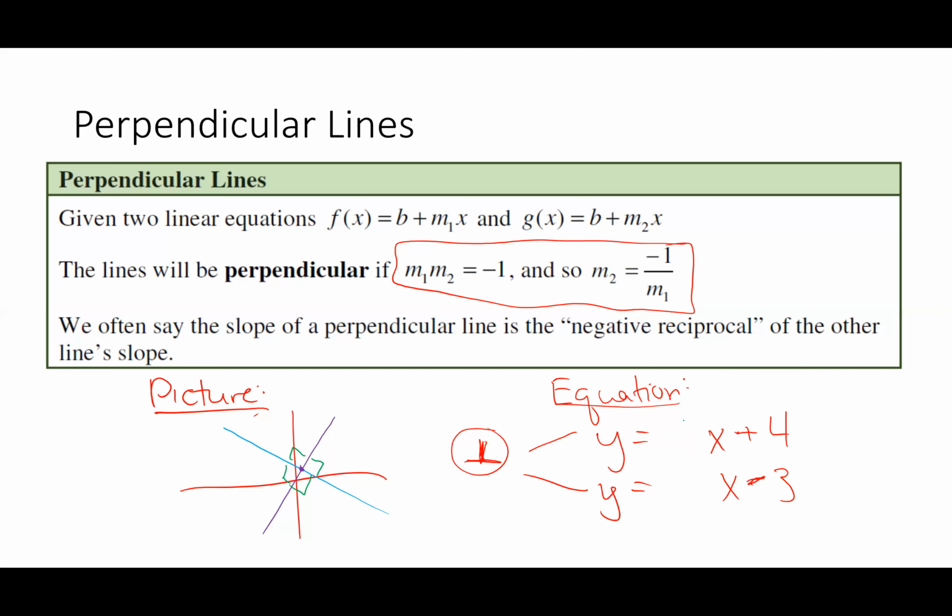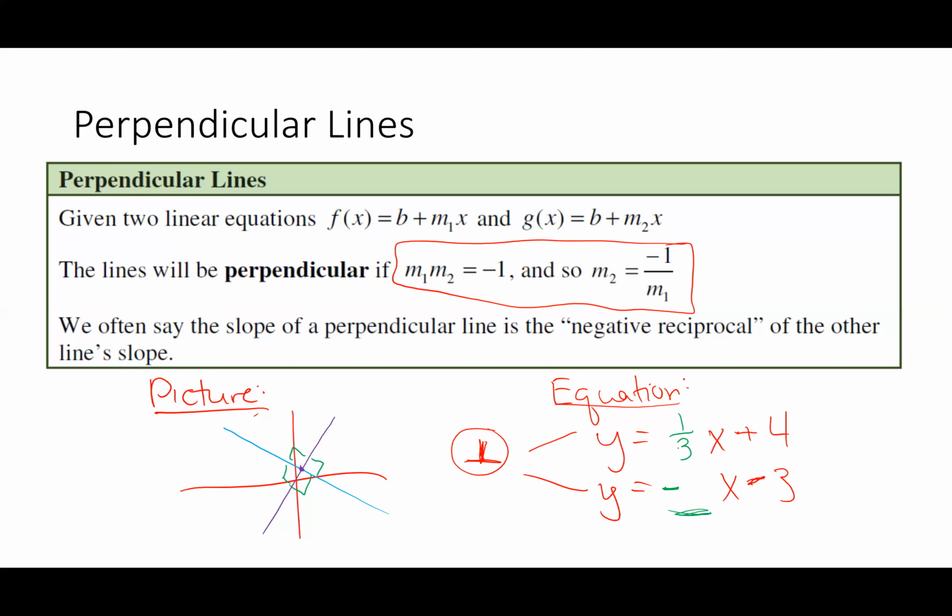suppose I chose 1/3 for this slope. I don't have a choice for this equation here. It has to be the negative reciprocal of the other line's slope. So this is a positive 1/3, so I know that the slope here is going to be negative because it has to be a negation.